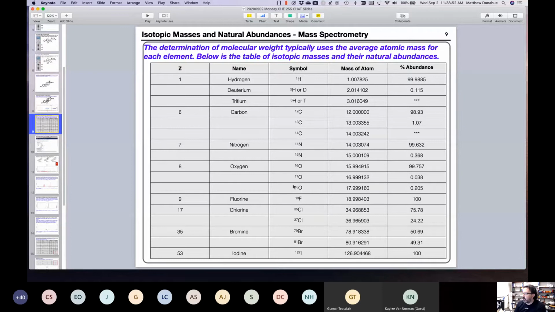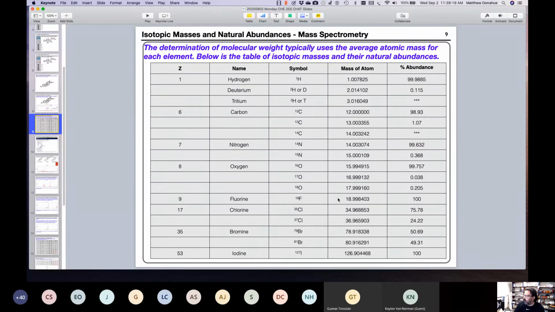Oxygen has 3 isotopes. So notice that the stable isotopes are the highly abundant ones. Fluorine, chlorine, bromine, iodine, these are going to be very important for us because they have specific signatures in the mass spec. So that when we look at a piece of mass spec data and we see that signature, we can say, okay, it has this halogen in it.